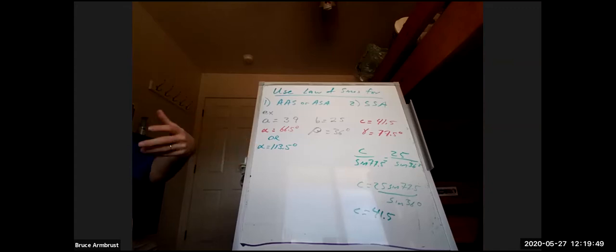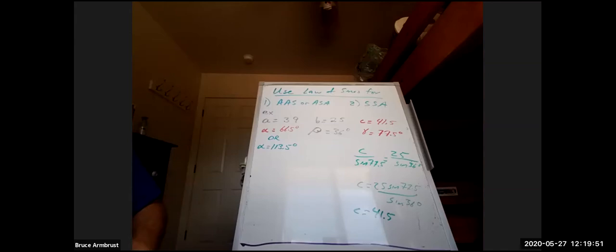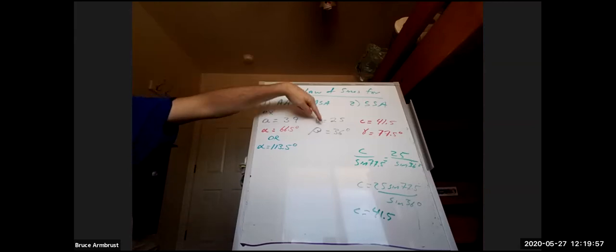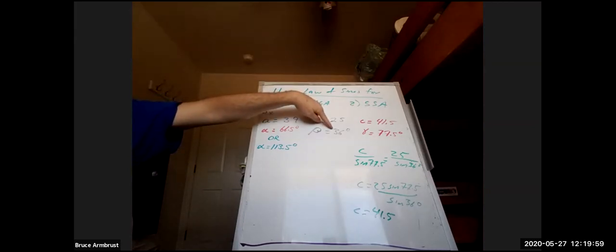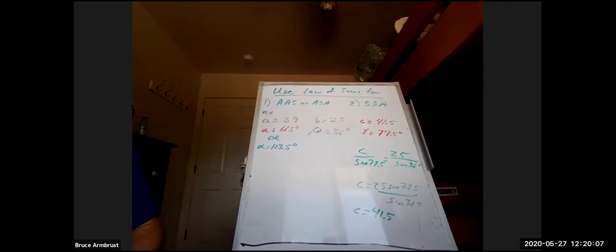Now, it is possible that that second angle still won't work because it might be too large. But if you look at what we already had, we had 36 degrees. That means we still have 144 degrees that we can use for our angles. And 113.5 is plenty small.